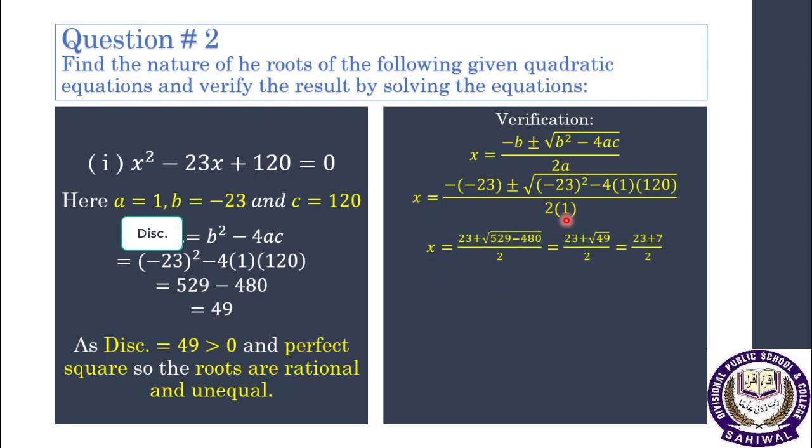On solving, we get 23 plus minus square root of 529 minus 480 over 2. Again, we simplify it, we get 23 plus minus square root of 49 over 2. The square root of 49 is equal to 7, so we get 23 plus minus 7 over 2.